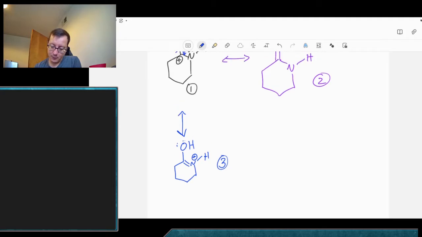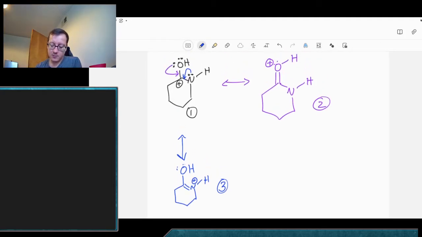So, if we are looking at all 3 of these, we have our original molecule, we have resonance form 2, and we have resonance form 3. Looking at those, let's talk about why some of them might be better than others.